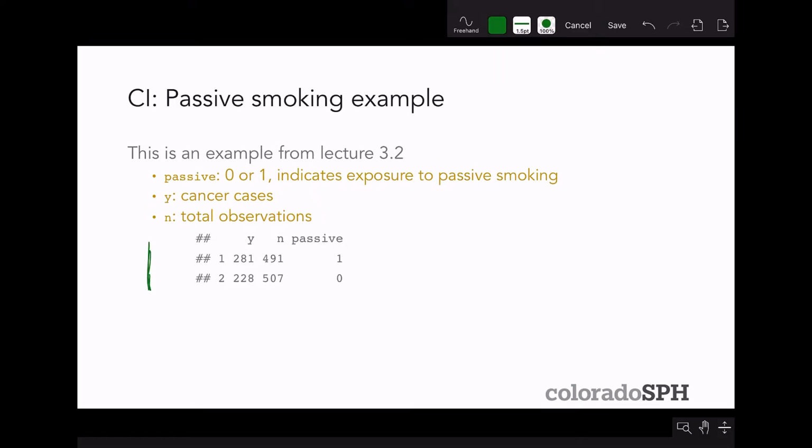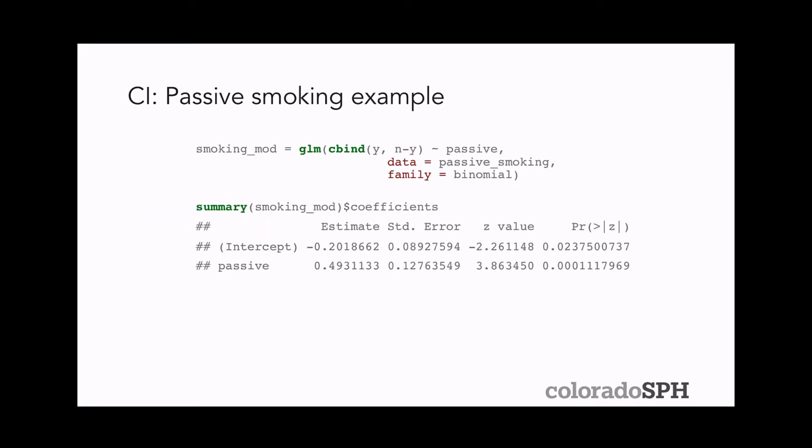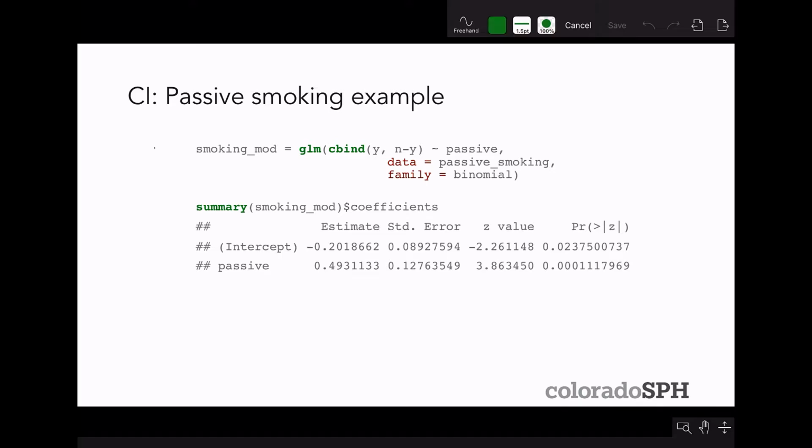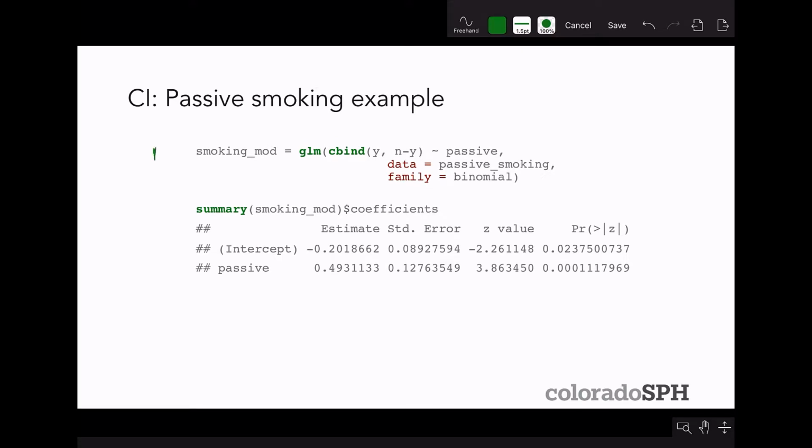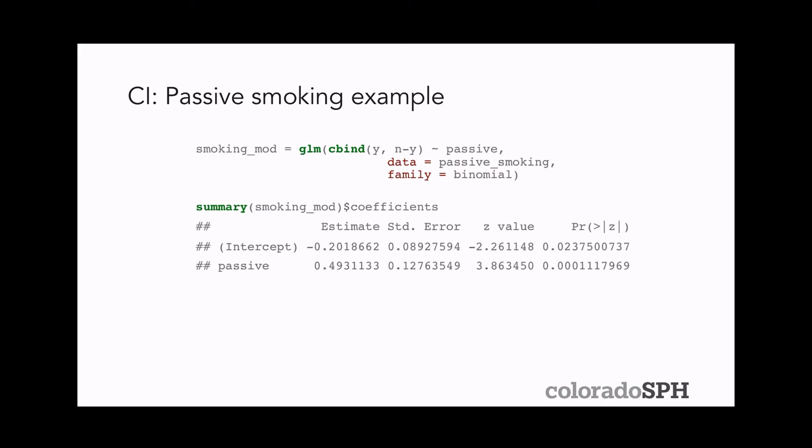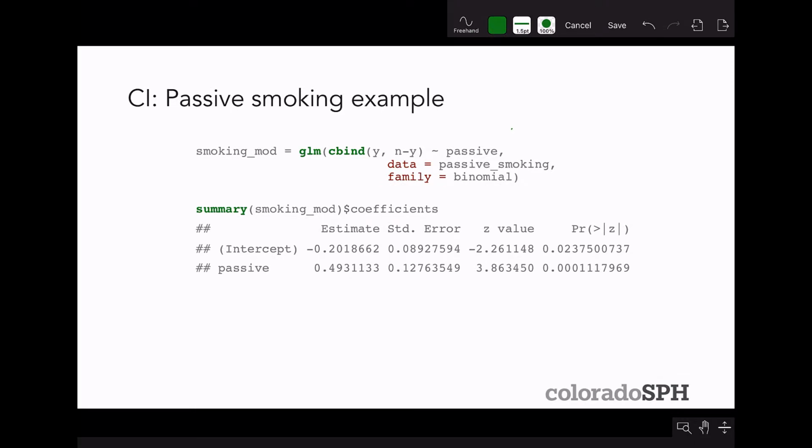Here's our data here. I'm going to build a model in R called smoking mod. And this is a model where we're just looking at the outcome against that variable that's an indicator of passive smoking. Here, passive equals 1 if you have had exposure to secondhand smoke, and 0 if you have not had exposure to secondhand smoke.